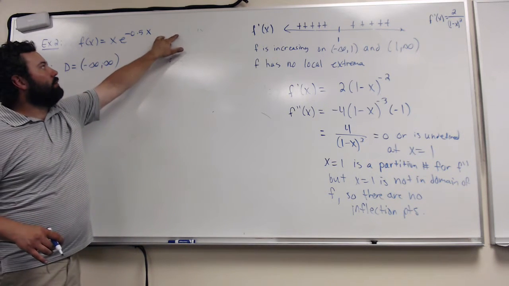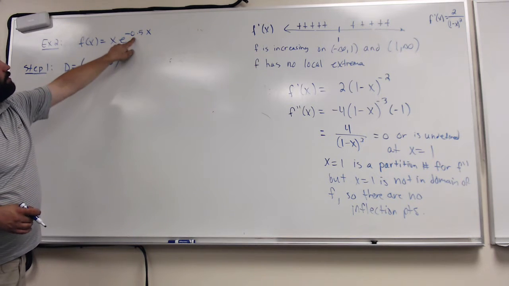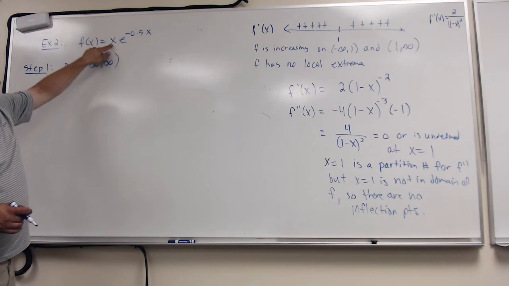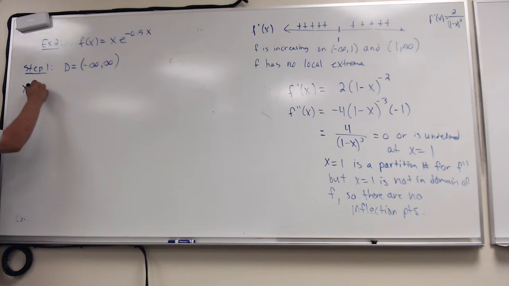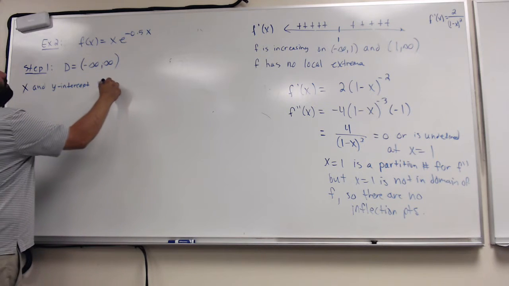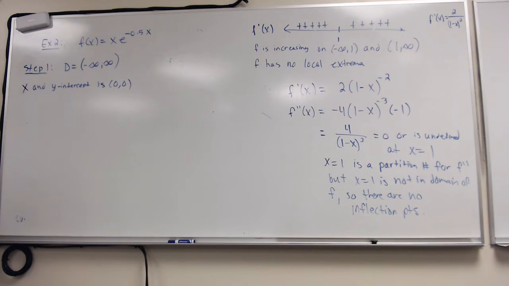But if you set it equal to 0, the first factor can never be equal to 0, so only x can equal 0. So I think it's just like before, the x and y-intercept is just 0, 0. Whether you plug in 0 or set it equal to 0, your x or y coordinate's going to end up being 0.